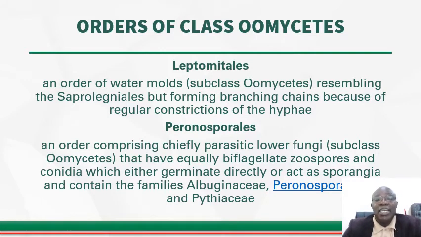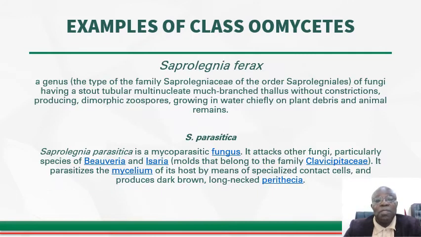Then the Leptomitales is another order found in the class Oomycetes. Then we have Peronosporales as another order. So we have all these orders, which include the ones we have just mentioned.